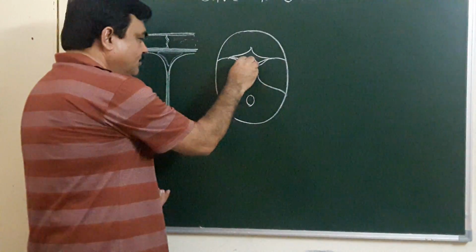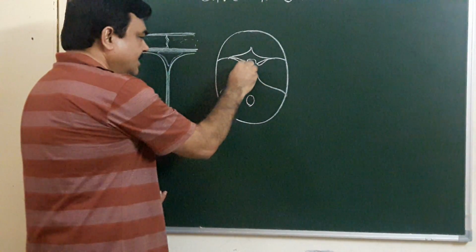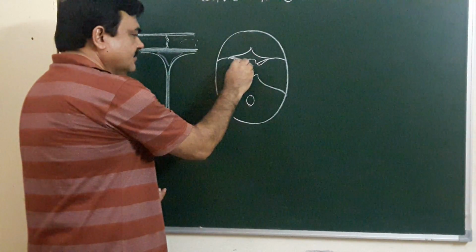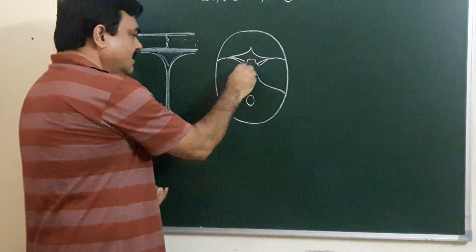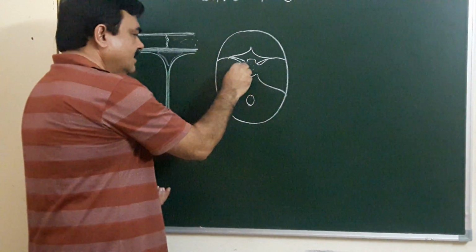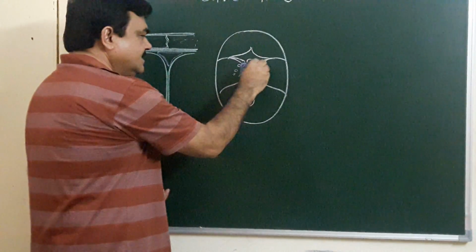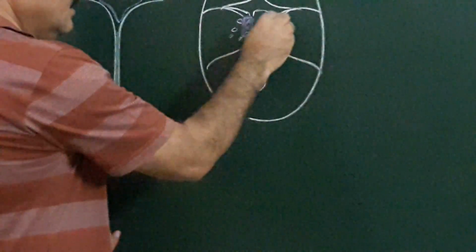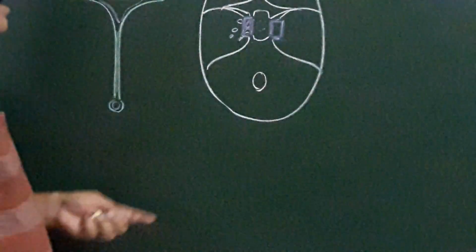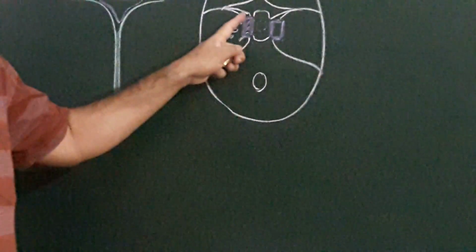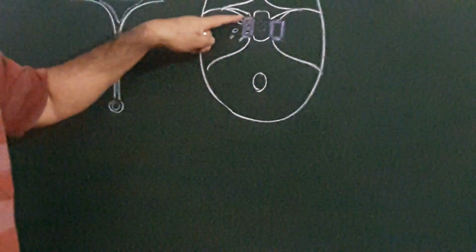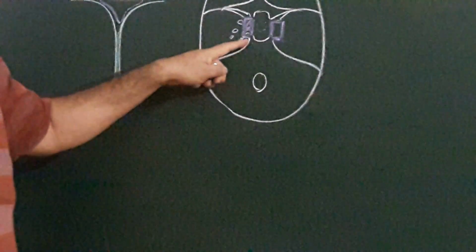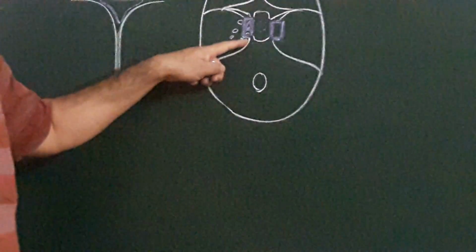From here to here, this is the position of the cavernous sinus, like this. So anteriorly, this cavernous sinus extends up to the superior orbital fissure, and posteriorly, here is the petrous temporal bone.